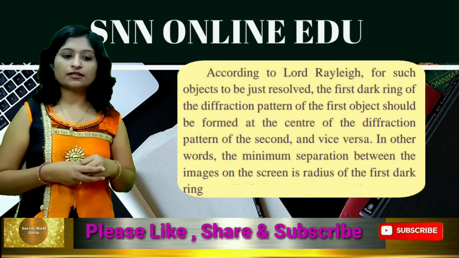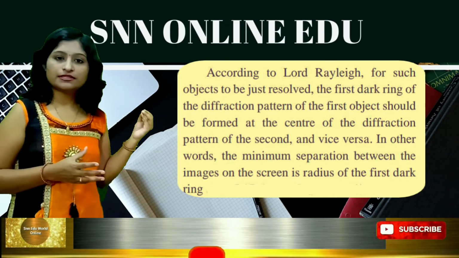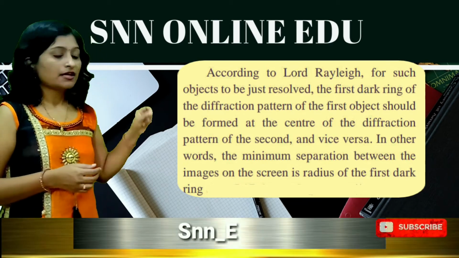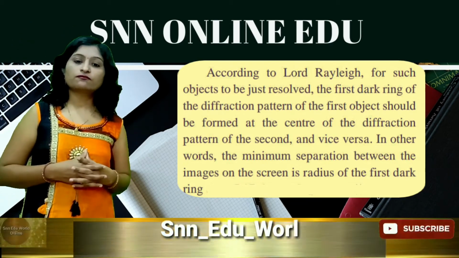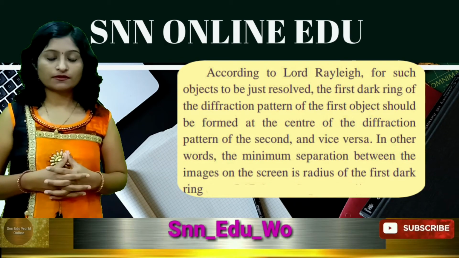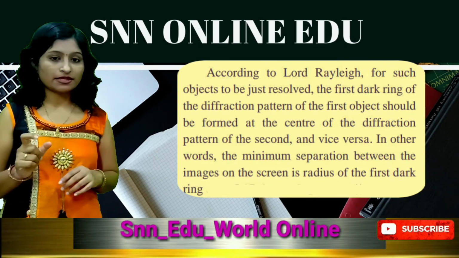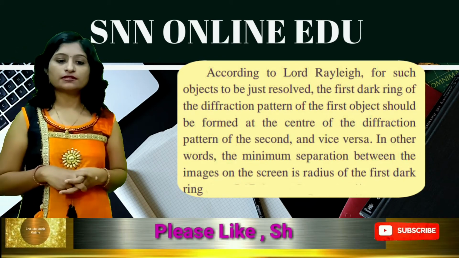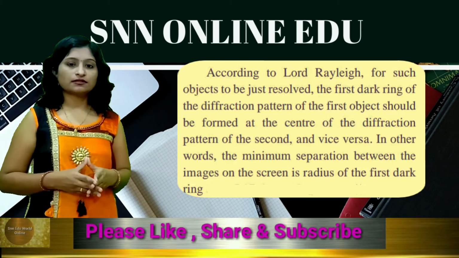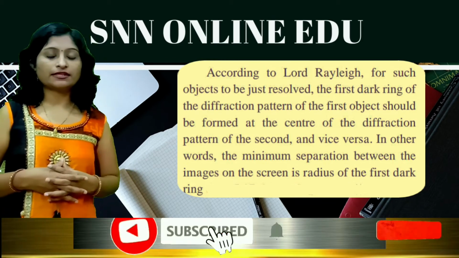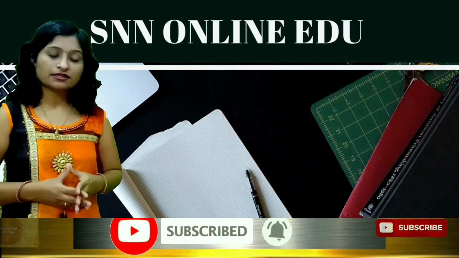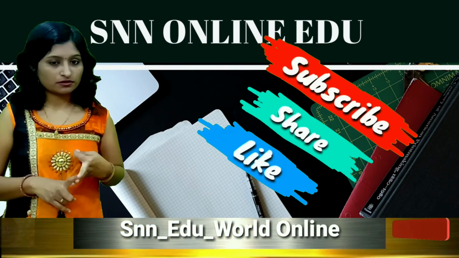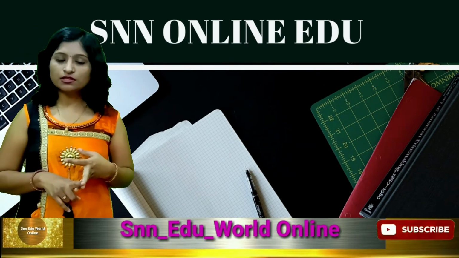Or we can also say that the angular separation between the images on the screen is the radius of the first dark ring. That first dark ring has some radius, and this is nothing but the angular separation between two objects. So this is the criterion given by Rayleigh, and these three conditions, just resolved, unresolved and well resolved, are considered to be the Rayleigh criteria for resolution.